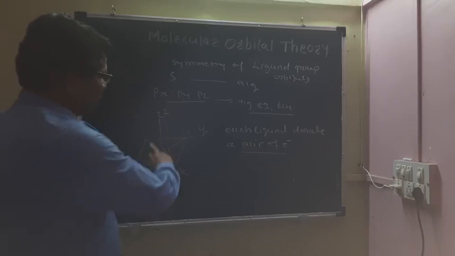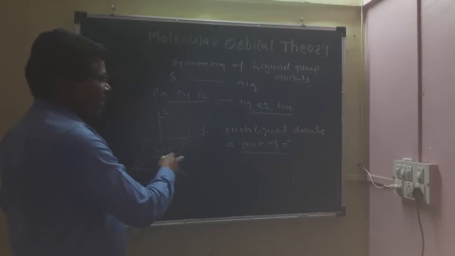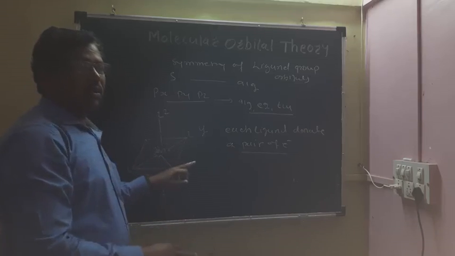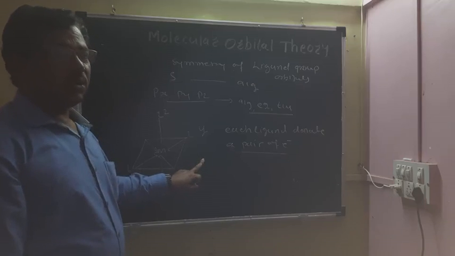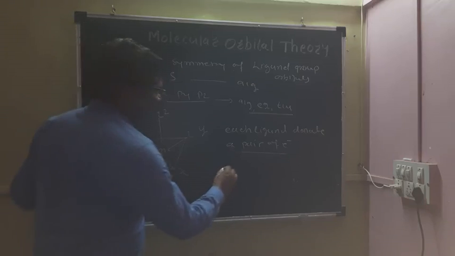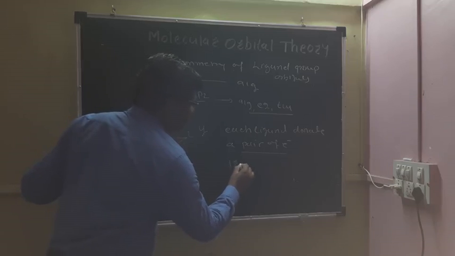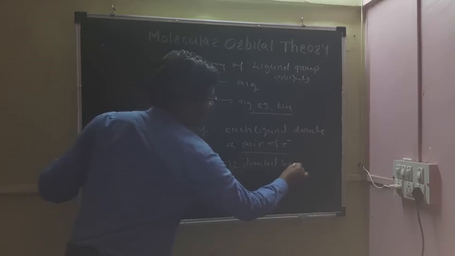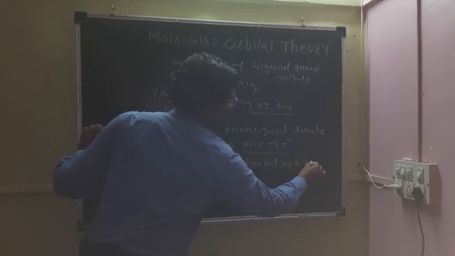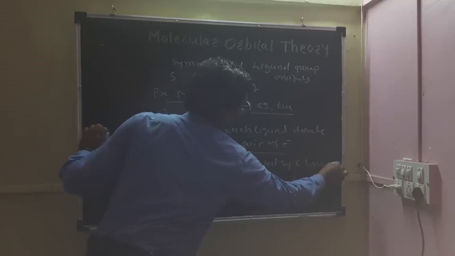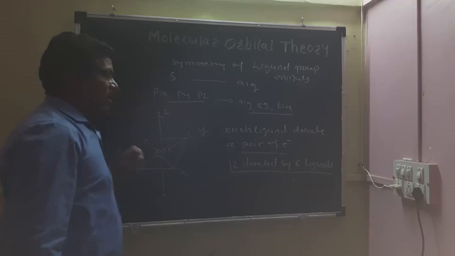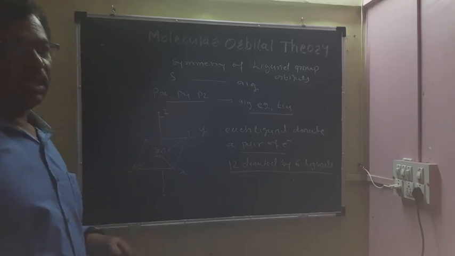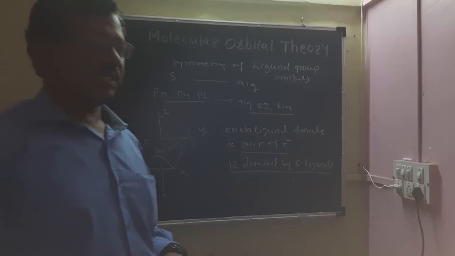Therefore, the total number of ligands is 6, and therefore a total of 12 electrons are donated by the 6 ligands in an octahedral complex.